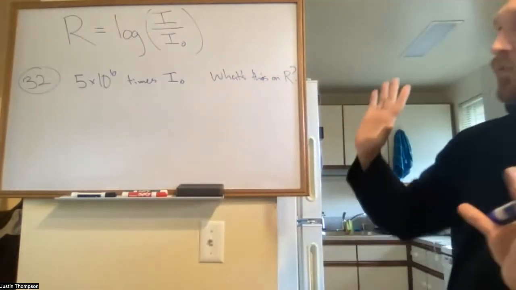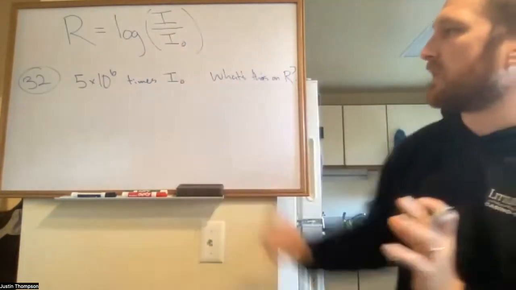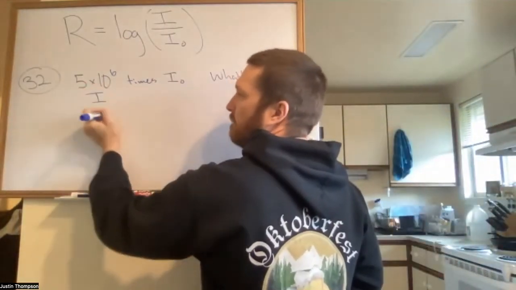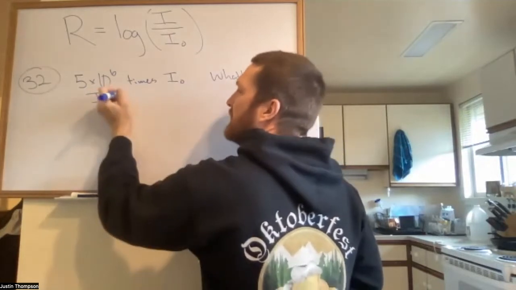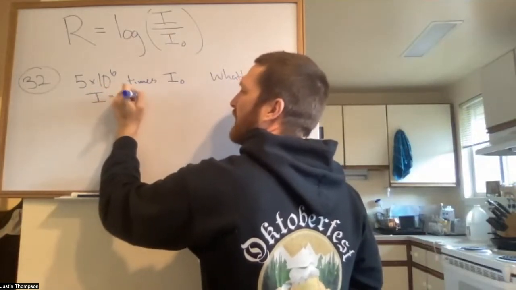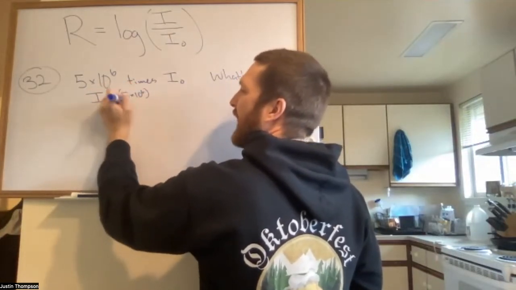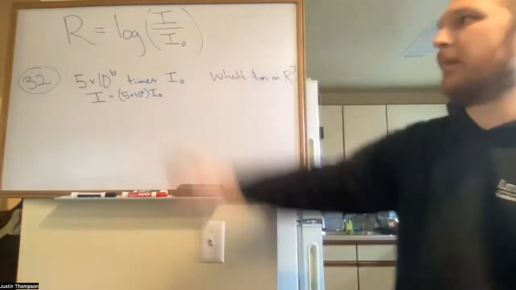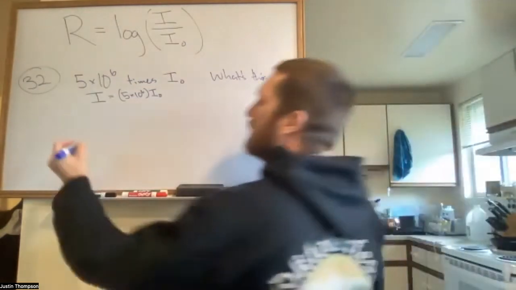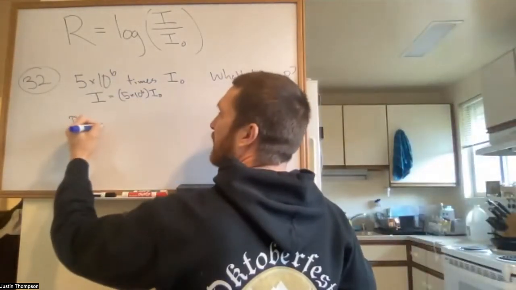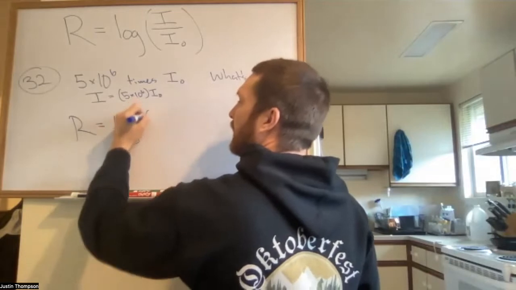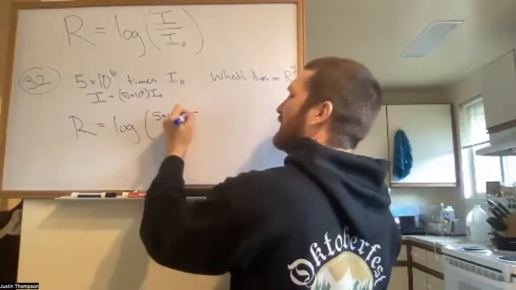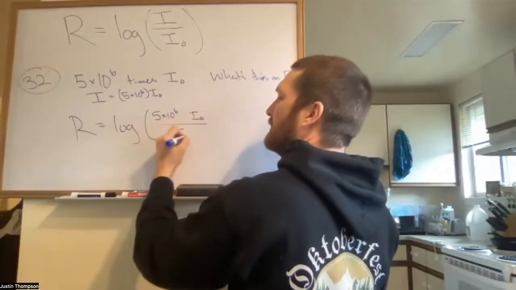Well, we're just going to plug this in. The experienced intensity here is 5 times 10 to the 6 times whatever that background is, so I'm going to take that and plug it right in here. R is equal to log of 5 times 10 to the 6 times I0, divided by I0.